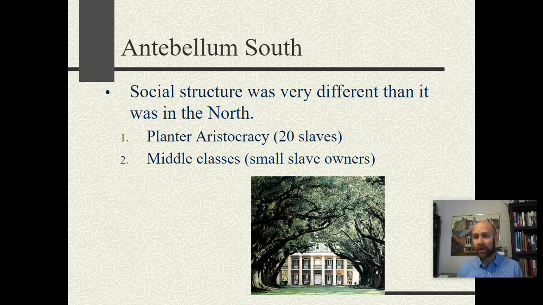Then you've got your middle class, right? Not a very large middle class. Today, we think of the middle class as the majority of people out there, which it is, but not in the 1800s, not the antebellum period. The middle class is very small. It consists of doctors and lawyers. It's the second sons of the planter aristocracy, right? The firstborn sons, they inherit the plantation.